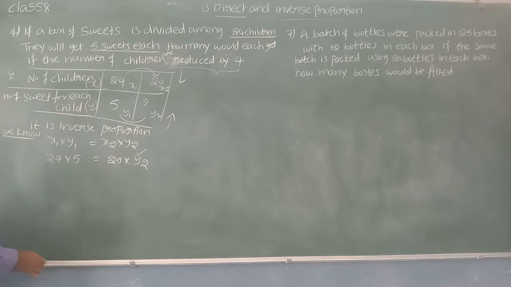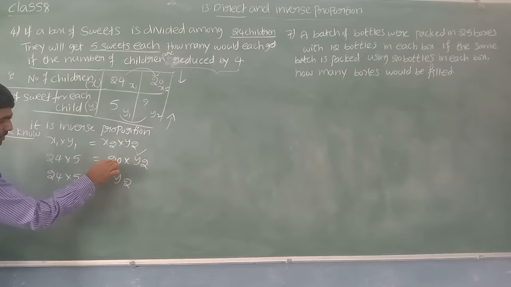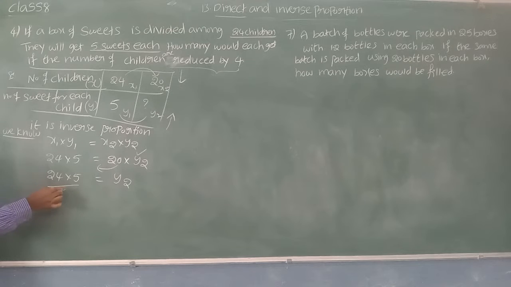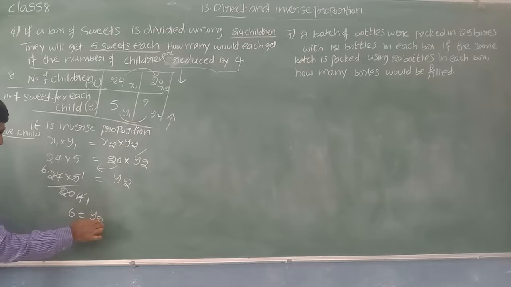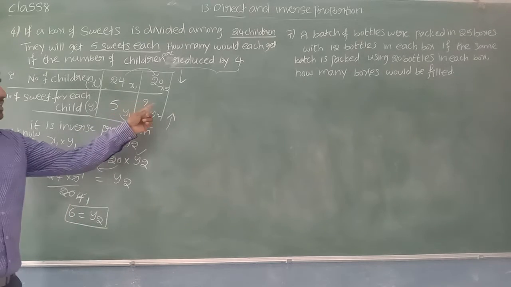Now let us find the y2 value. 24 into 5 is equal to 20 into y2. To find y2, 20 can be transposed, so it becomes 24 into 5 divided by 20. 5 fours are 20, 4 sixes are 24, so 6 is equal to y2. It means each child will get 6 sweets.